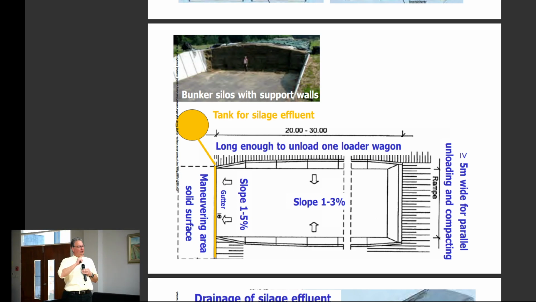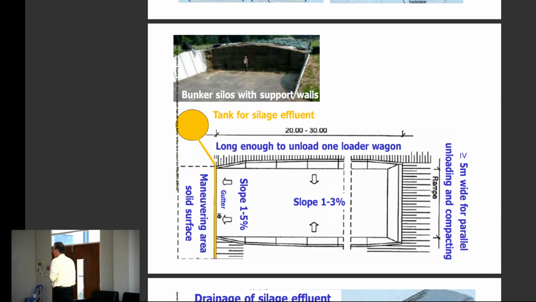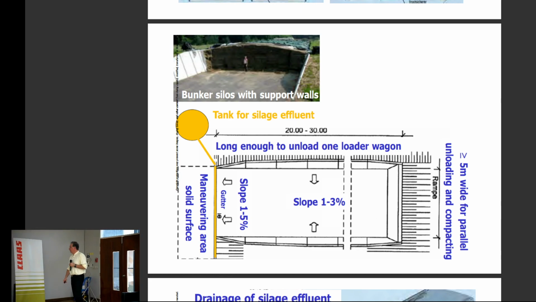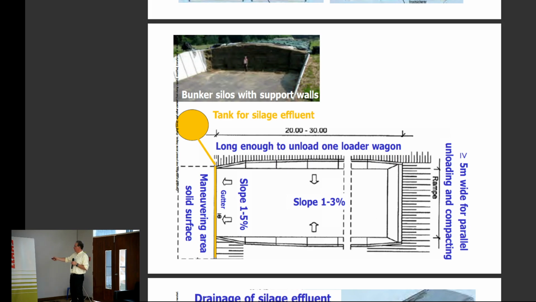If you have a biogas plant, then you have the beneficial situation that you can use the effluent in your biogas plant, because the methane production potential of this effluent is quite high. So in this case, you don't waste it, you don't spread it on the field, you just put it into your biogas plant. And therefore, when you have this typical German silo, you can see the slope, you have the storage for the effluent, and you have the gutter so that it can just flow inside. So that's the rough idea.